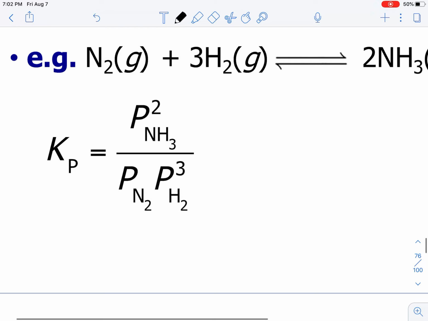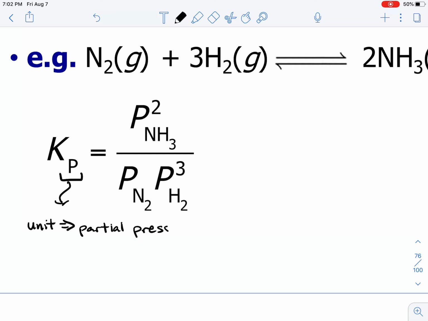And so this P, once again, signifies that the unit in the mass action expression is partial pressure and not concentration.